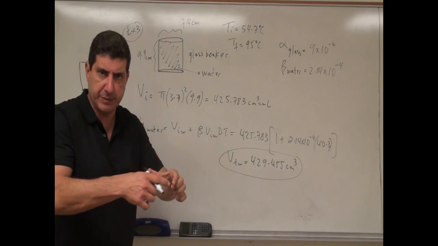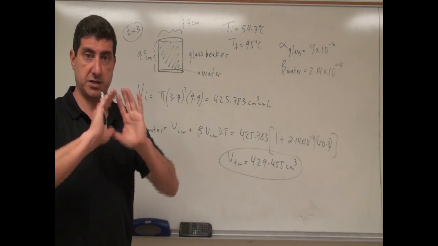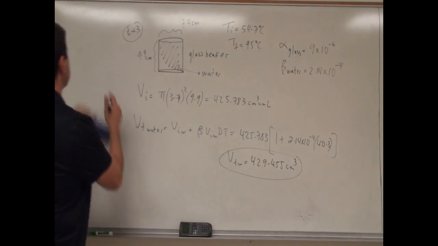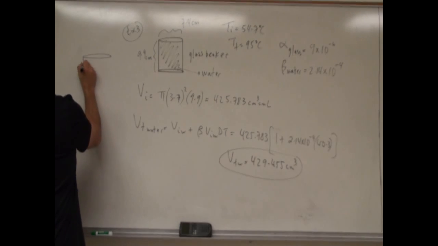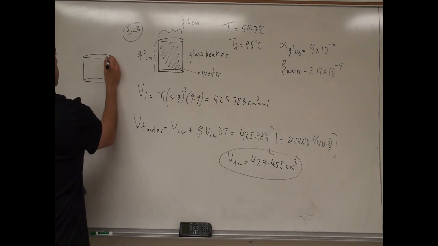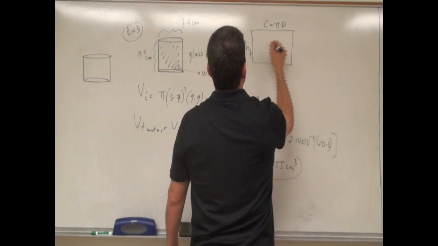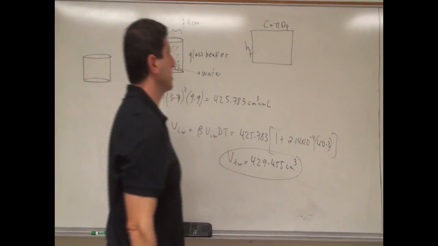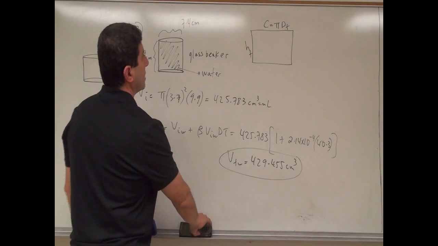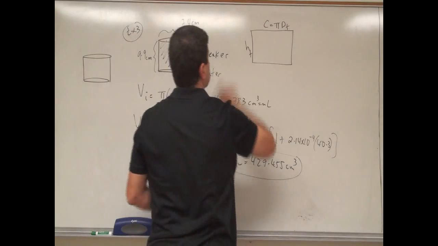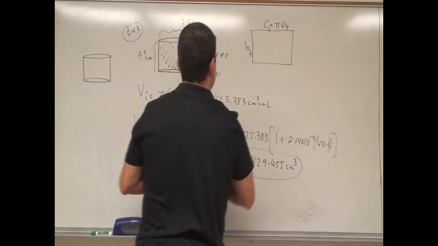Assume that the bottom expands at the same rate as the sides, and we still have a shape that looks like a perfect cylinder. Say this is the final height, and this is pi times the final diameter. So let's find out what the final circumference is and what the final height is.